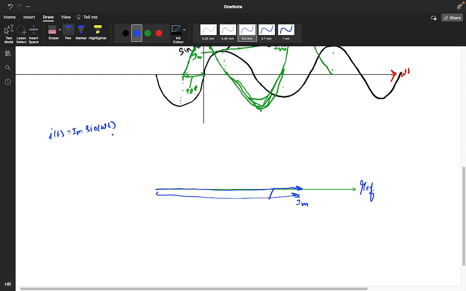Omega t is not added with any angle, so it will be in phase with the reference. So I of t is Im sine omega t.